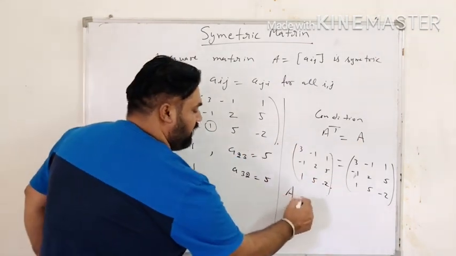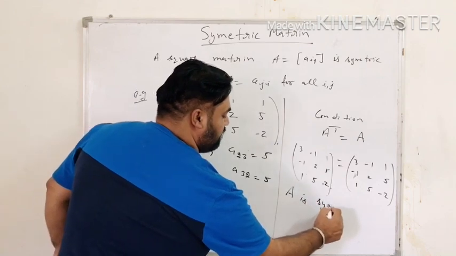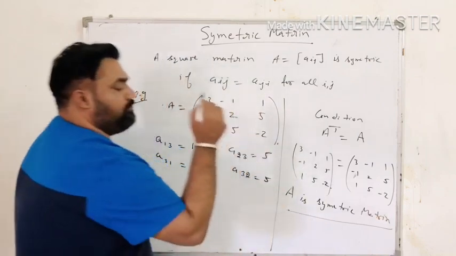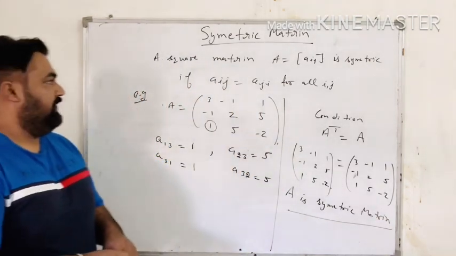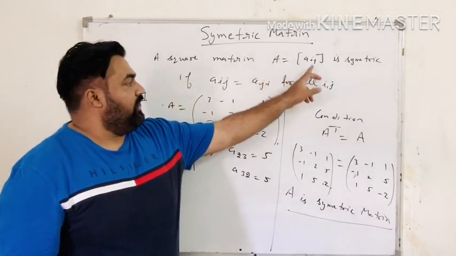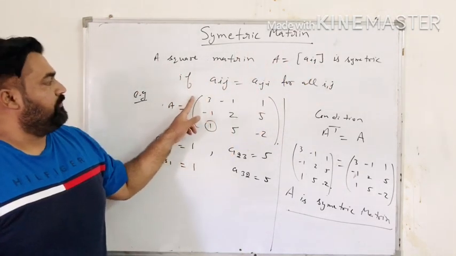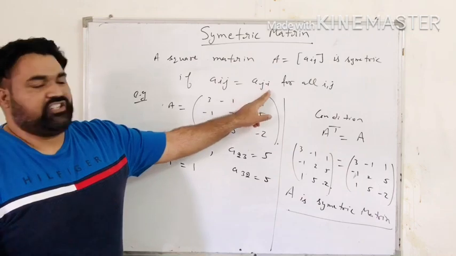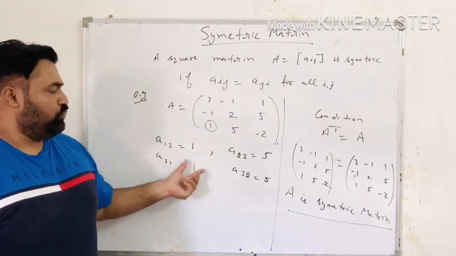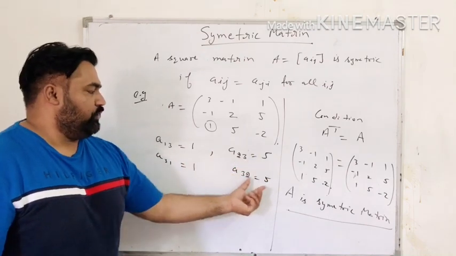So A is a symmetric matrix. So I repeat, what is a symmetric matrix? A square matrix [Aij] is symmetric if Aij equals Aji. Means A13 equals 1, A31 equals 1, A23 equals 5, A32 equals 5.